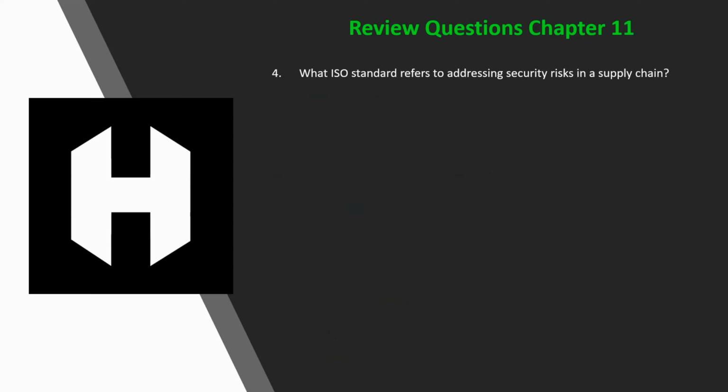Question 4. What ISO standard refers to addressing security risks in a supply chain? A, ISO 27001, B, ISO 28000, C, ISO 9000, or D, ISO 31000. Now, if you said B, ISO 28000, you would be correct.